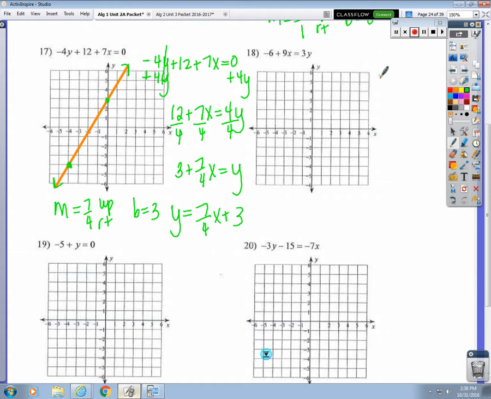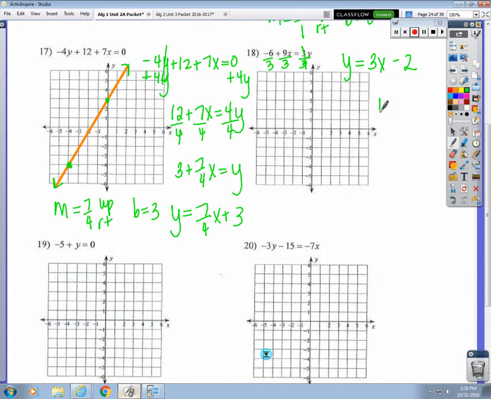Okay, number 18. What should we do first? Divide by 3. You're just trying to get everything away from the y, and the only thing with the y is the 3, so divide by it. Now, I'm going to reverse the order. I'm going to write y equals now. That becomes a 3x, and that's my mx, and then that becomes a negative 2.